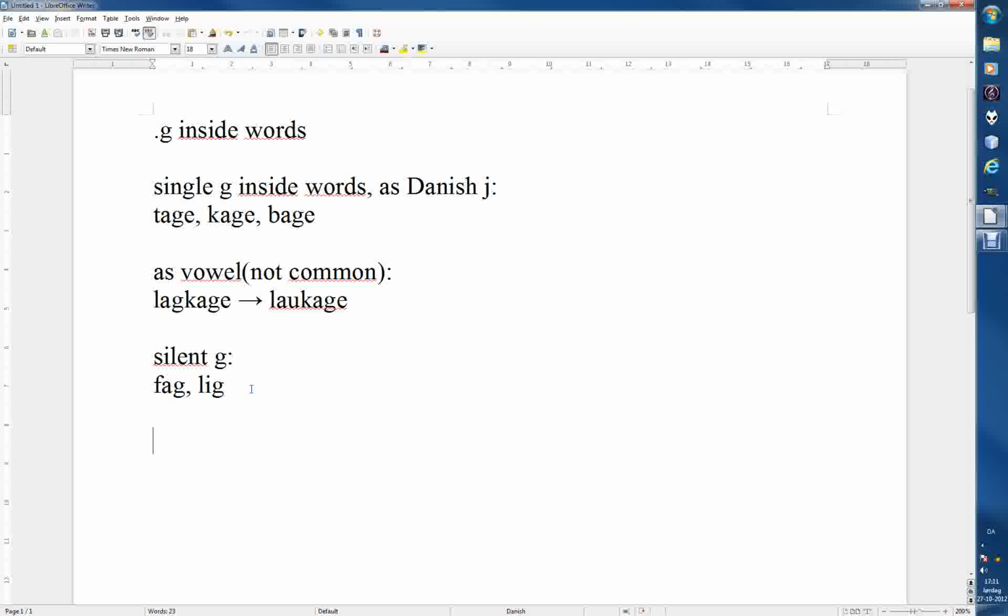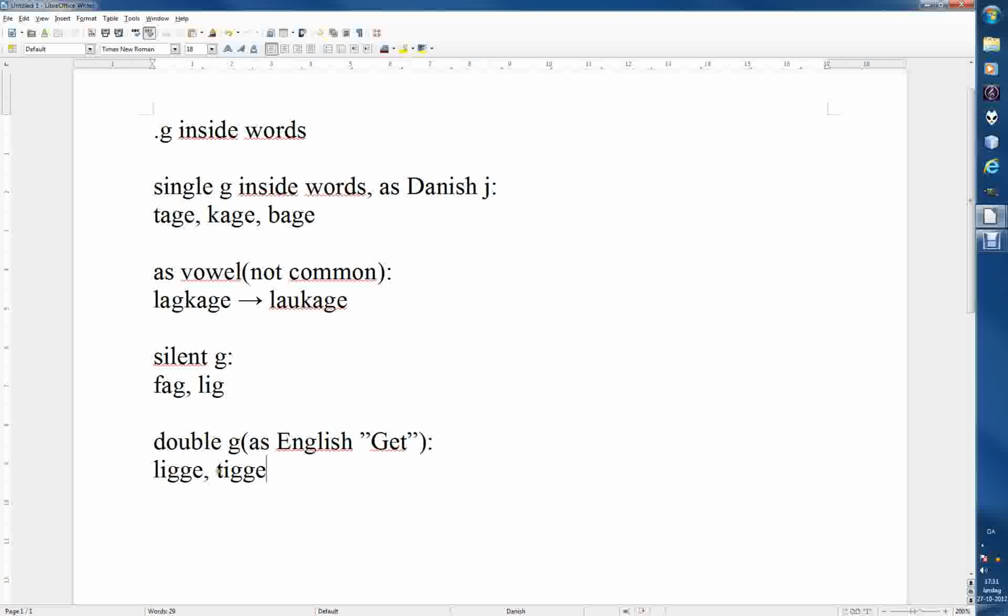And I think we have many examples, words like that. And with the double G, as in English get. Take these two words: ligge, tikke.